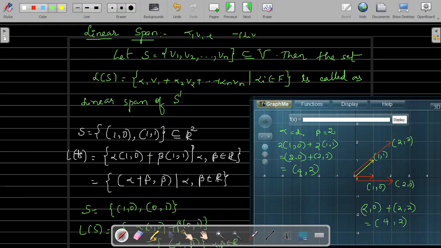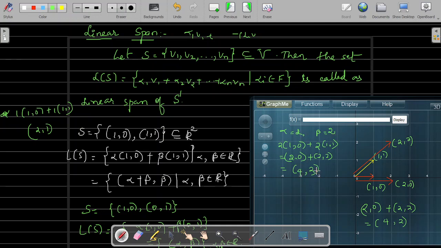For example, take a set S equal to {(1, 0), (1, 1)} of R square. There are different possible linear combinations, like 1 into (1, 0) plus 1 into (1, 1). That gives you (1 plus 1, 1), so it goes to (2, 1). That's one possibility. Here I have taken one more possibility, alpha equal to 2, beta equal to 2.